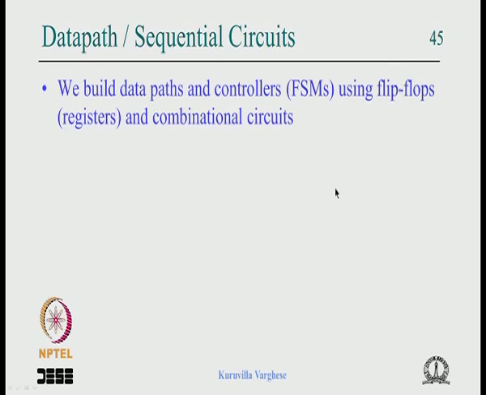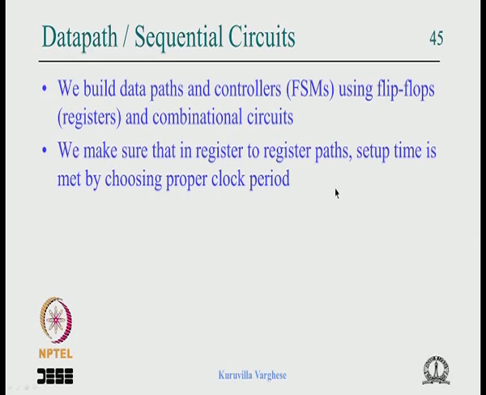probably there is a chance of a flip flop getting into metastability, but when we design we analyze all the register to register paths, and at the destination register we always try to meet the setup time by choosing the proper clock period, like we will say T clock is greater than that path delay.